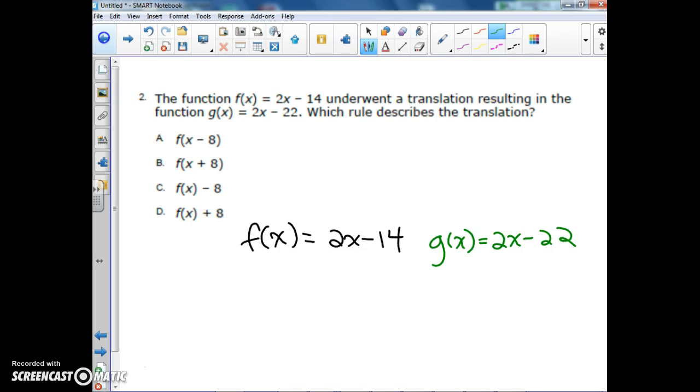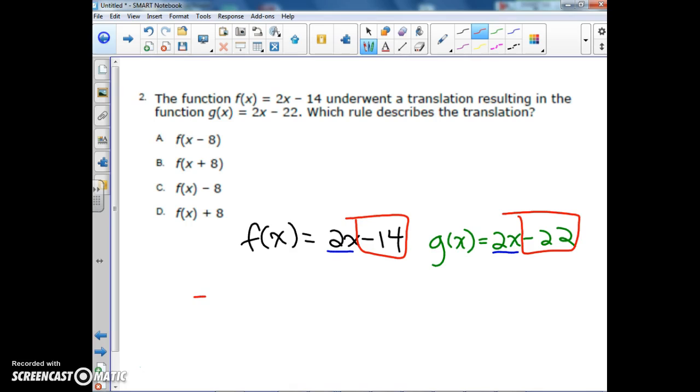Now, the slopes are the same. They haven't changed. They're both 2x, so nothing has happened to the slope. What we need to look at is the y-intercept: we have negative 14, and we have negative 22. Again, all you have to do is subtract them and find out how far the graph moved.